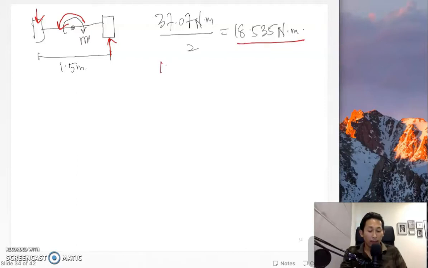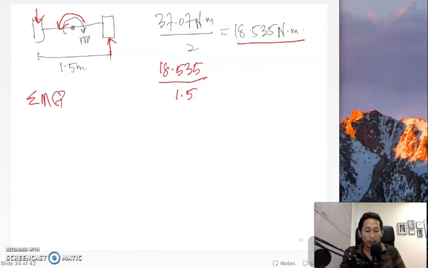Then we can calculate the force: 18.535 divided by 1.5. Or else you can calculate using the equation of moment.